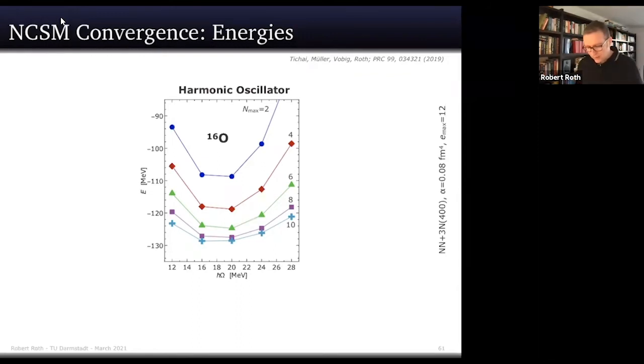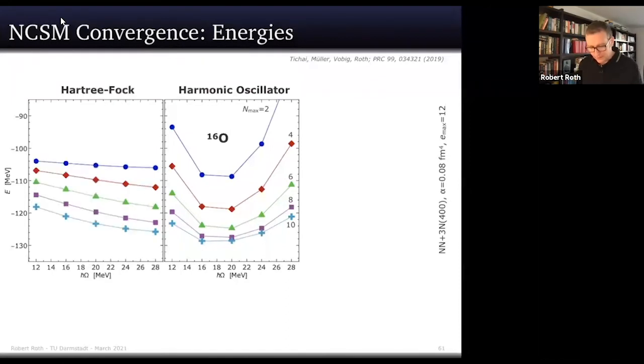Now, how does it look for the other basis sets? Let's first look at Hartree-Fock. This is the same kind of plot with a Hartree-Fock single particle basis, and it looks very different. You don't have these parabolic curves anymore. It's more or less straight lines. They're slanted a bit, but not much.